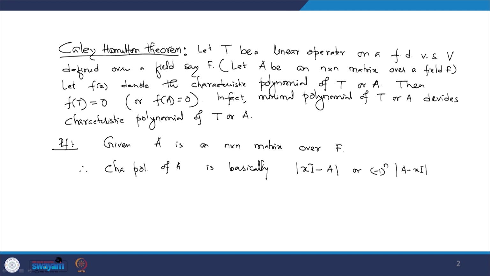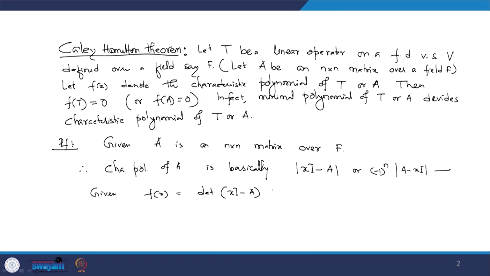Both are the same, because from the definition of the determinant of a matrix, these two are the same statement. So, it is also given to us that f(x) equals the determinant of xI minus A.